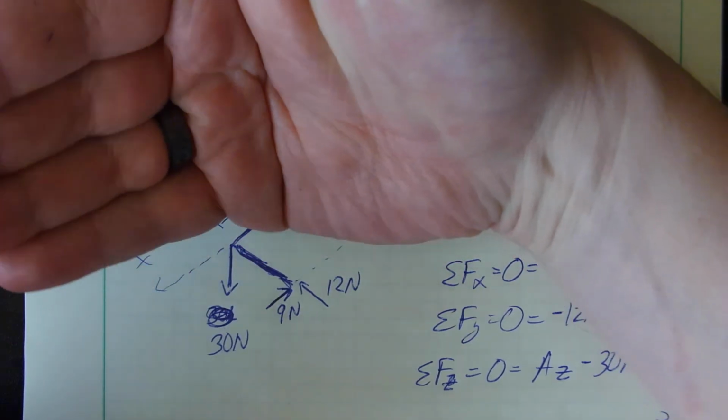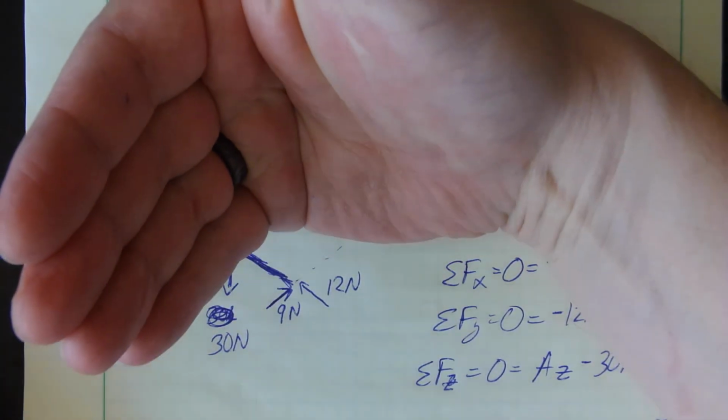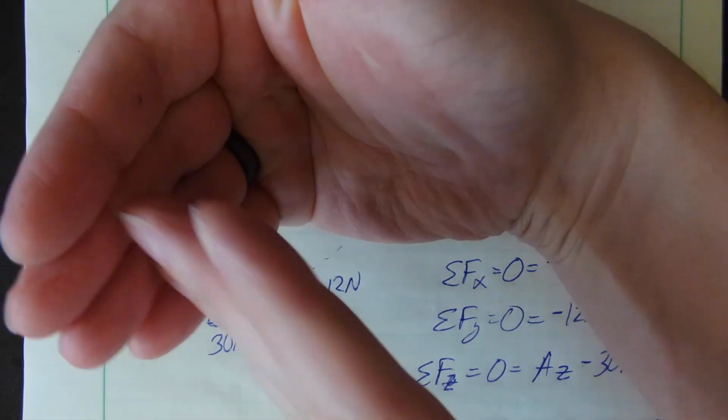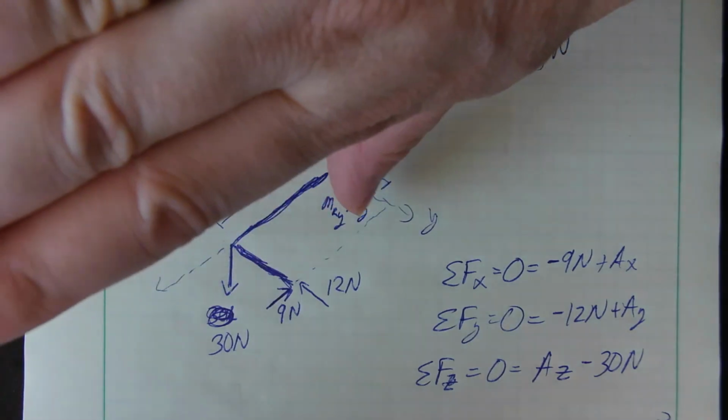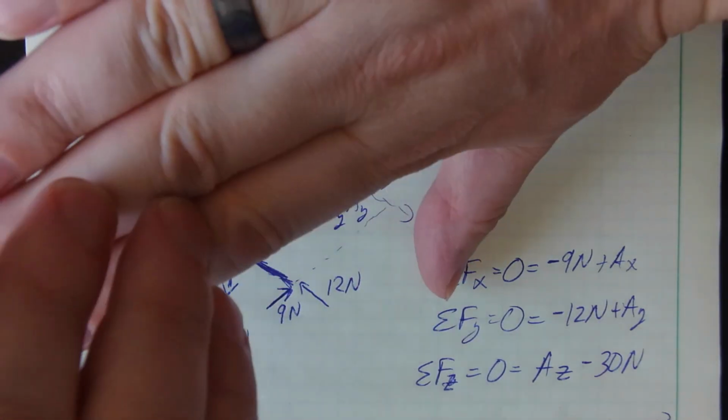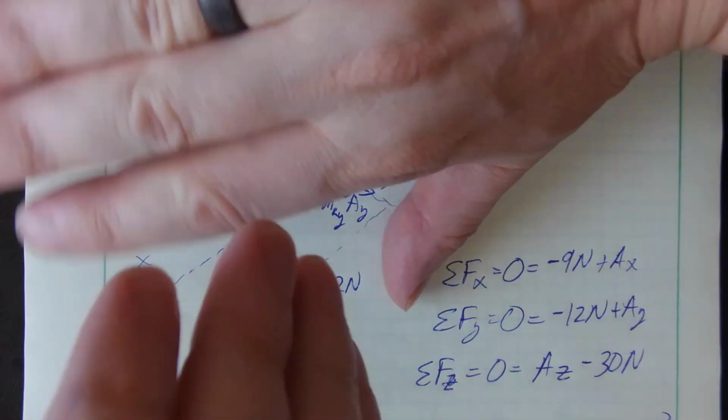So if I put my thumb in the positive z direction here, and I look at what this 12 newtons is doing, it's going like this. So it's trying to open my hand. Notice that it's trying to open my hand. That means it's actually in the negative z direction. So if I put my thumb in the negative z direction, that 12 newtons is trying to close my hand.